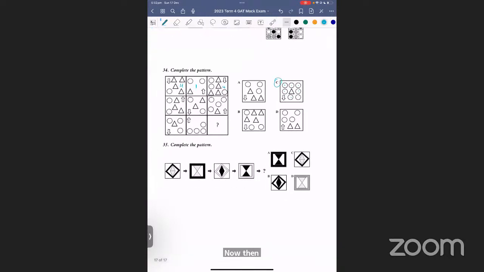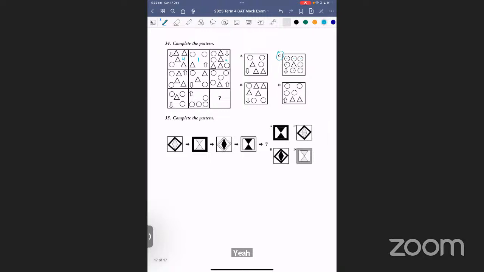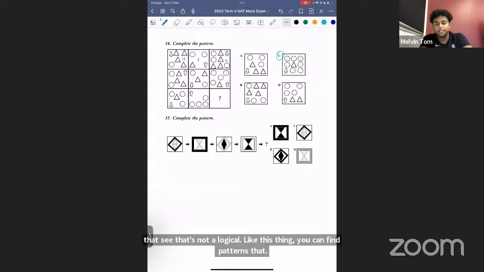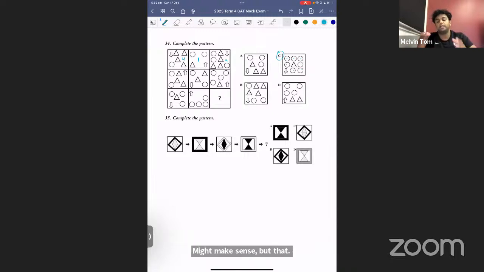About the triangles, like first row is 4, 1, 4, and then for the second row it's 3, 2, 1, and then for the third one I think it's meant to be 1, 9, 1. No, see that's not a logical pattern. You can find patterns that might make sense, but we don't like to say that that's a correct pattern just because it's not a solid pattern.